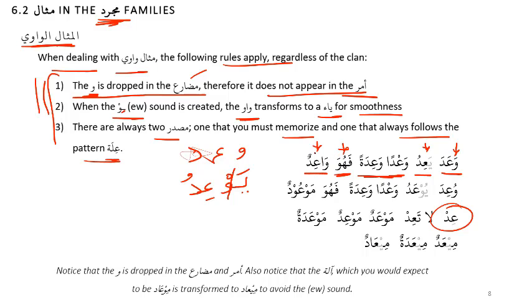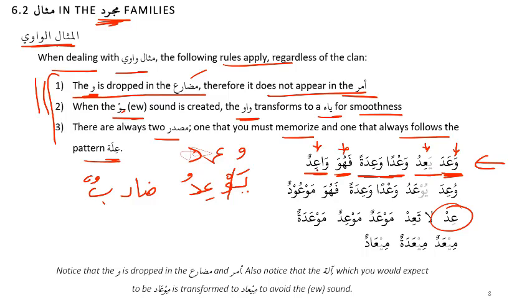Does this look like a normal form? So what would be the file for daraba? Daribun. So any issue with the file? Not really. So the file is normal. So in this whole row with ma'loom, this is madi ma'loom, this is fail mudari ma'loom, this is the masdar. For huwa wa'idun, this is the file.